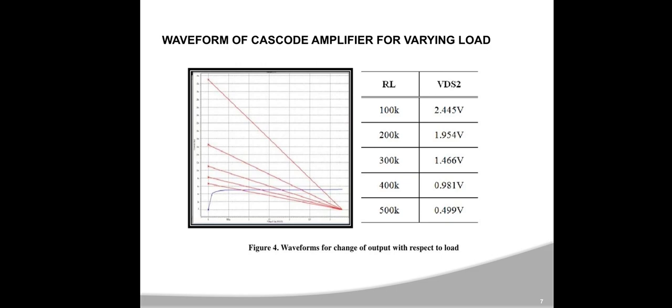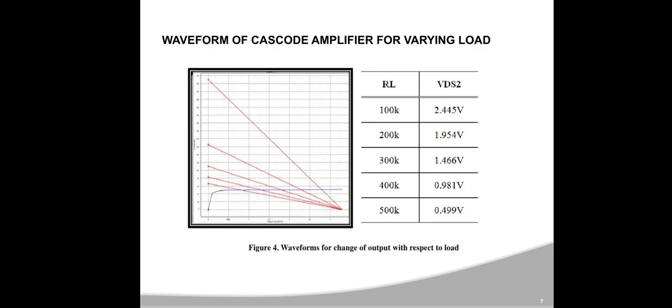For the given load resistance, at 100k the voltage is 2.4 volts, at 200k it is 1.9 volts, and at 300k it is 1.4 volts. At 400k ohms it gives 0.9 volts, and at 500k ohms it gives 0.4 volts.